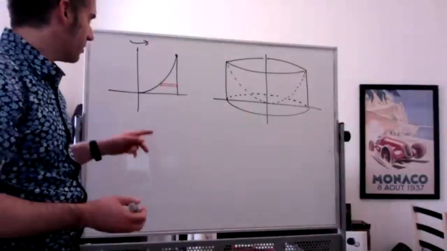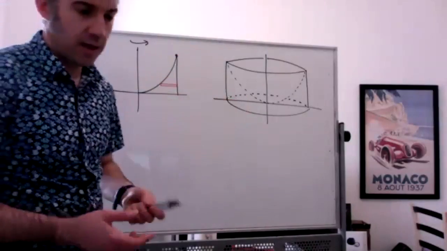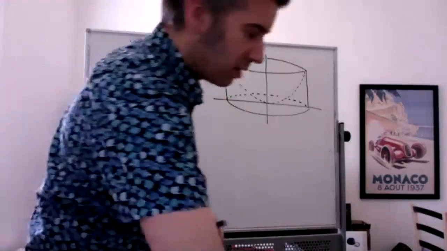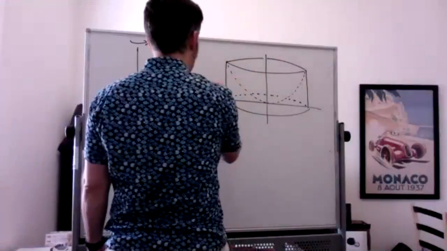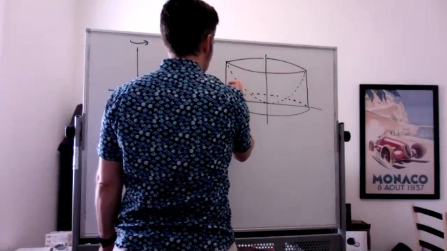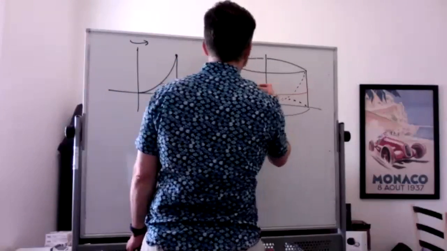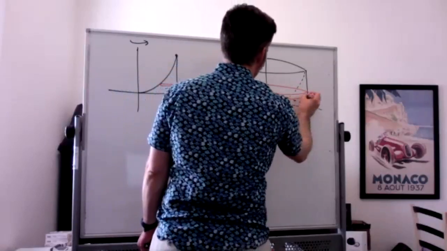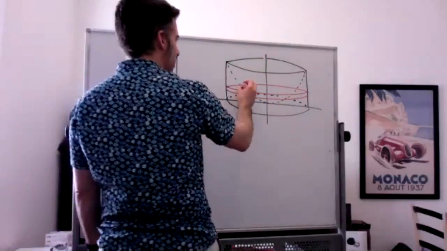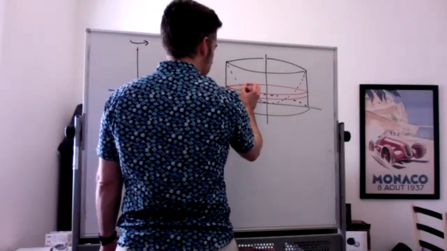So that's the shape we're going to get. Now what's going to happen is when we rotate that strip around, we're going to get a shape that looks like, well, it's no longer going to be a disc because we're missing the inner part here.